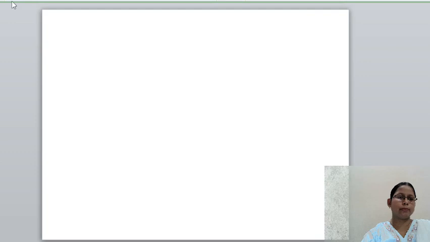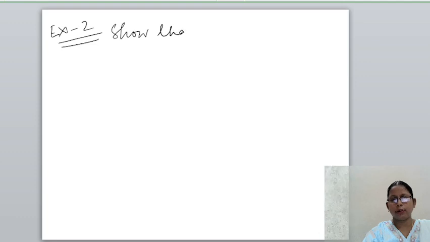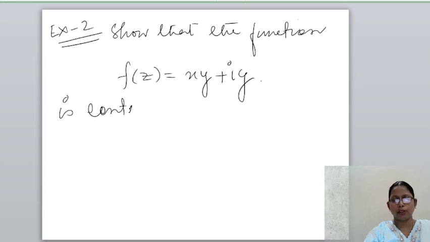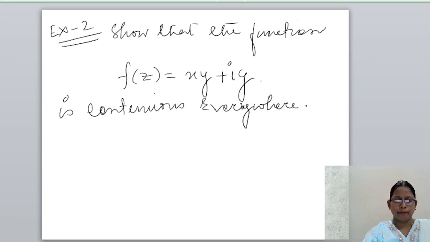Next question, example number 2. Show that the function f(z) equal to xy plus iy is continuous everywhere, but is not analytic.